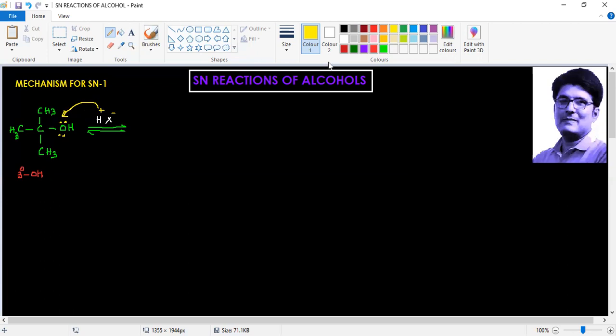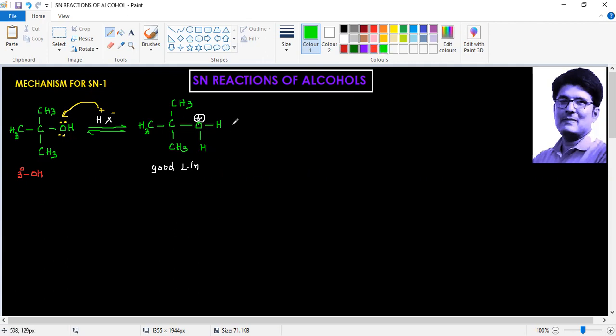So don't forget this one. After the protonation, the product I can write like this: by the protonation, a protonated ion is obtained, where this part can behave as a good leaving group.